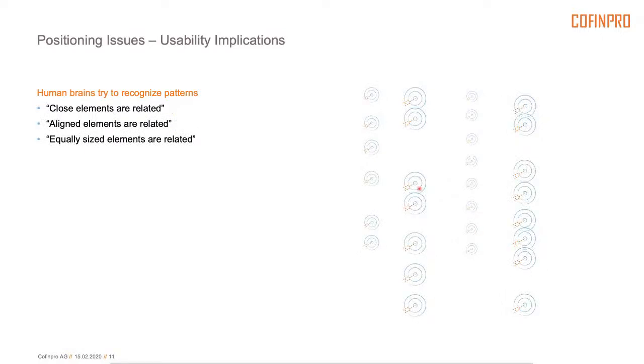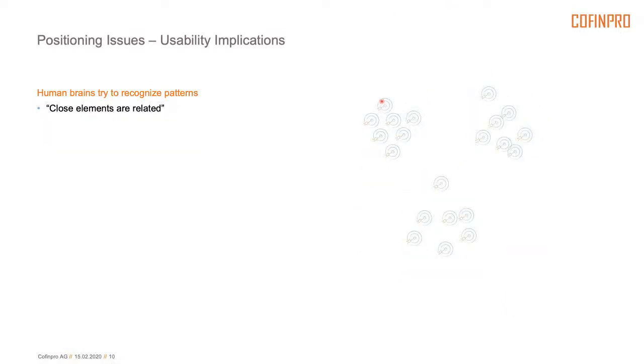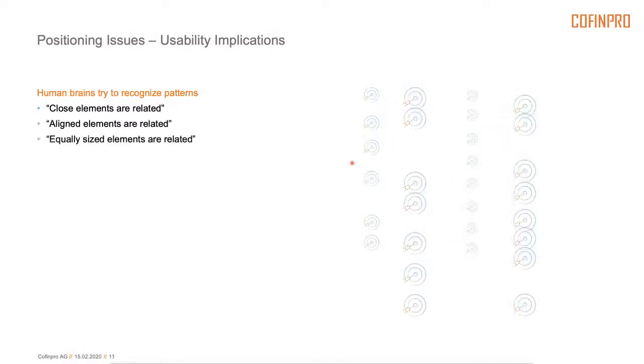Another one is, so we can see it before. Because these circles are so close together, you might convey a little meaning out of this positioning. You might think, okay, there must be a reason why they are so close. They must be related in some way. Another pattern is aligned elements are related.